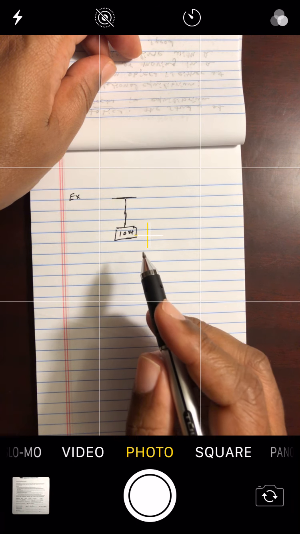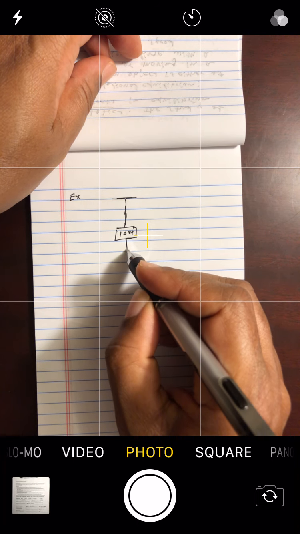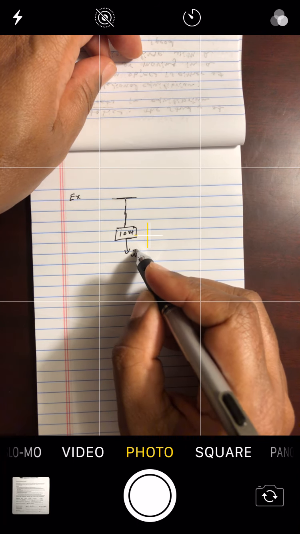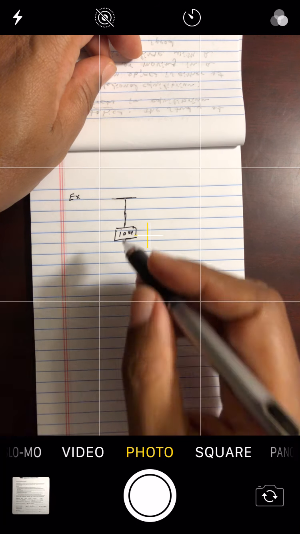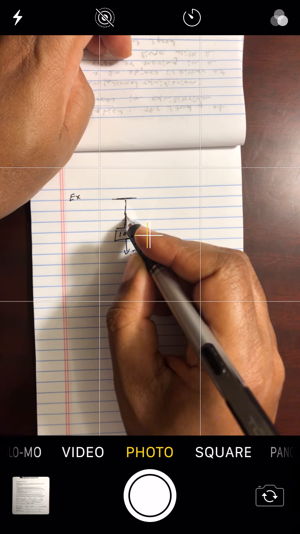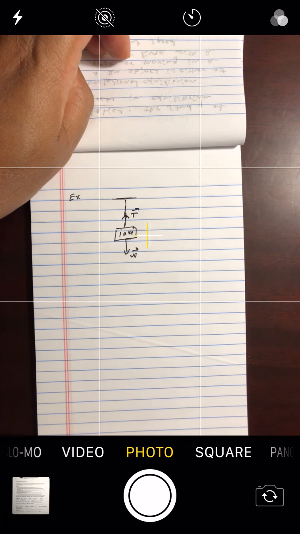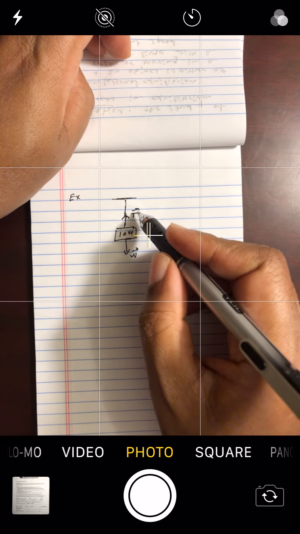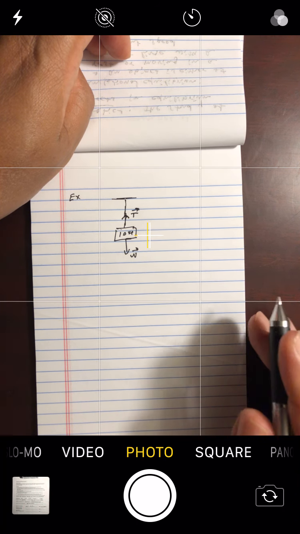First, let's identify the forces acting on it. Obviously gravity is pulling down; that is the force of weight. And then of course we've got the string pulling up. We call that force tension. So we have this force pushing up, the tension in the string. Those are the only two forces.